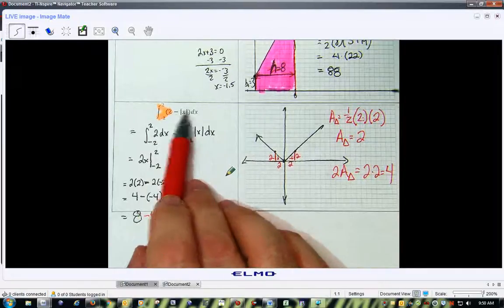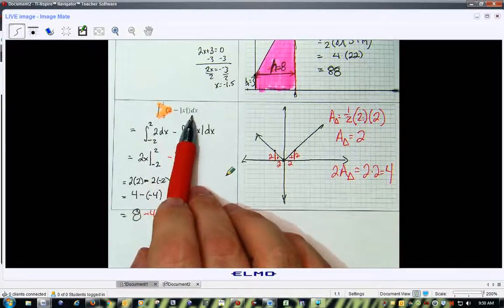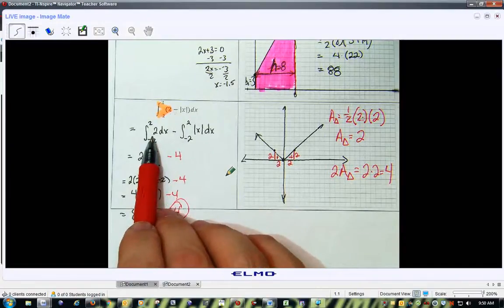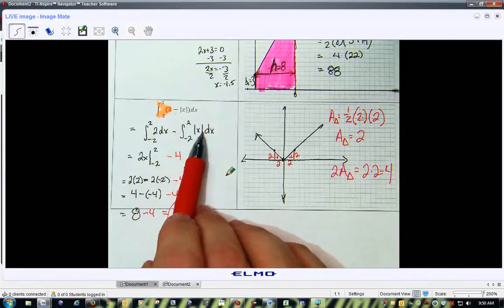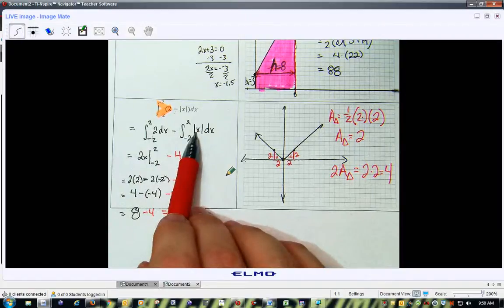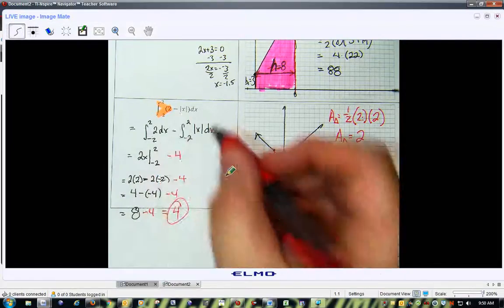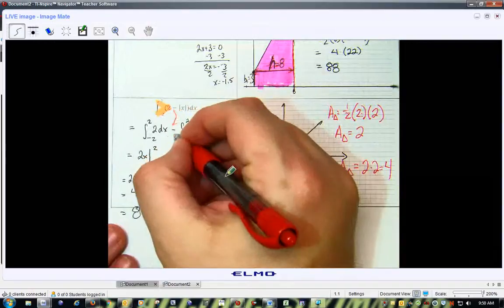Because you can always separate it if there are different terms being integrated. So I just said the integral of 2 and then the integral of the absolute value of x, because both of those are kind of easy to do. And because it was negative here, I had to subtract here, which means I had to subtract there.